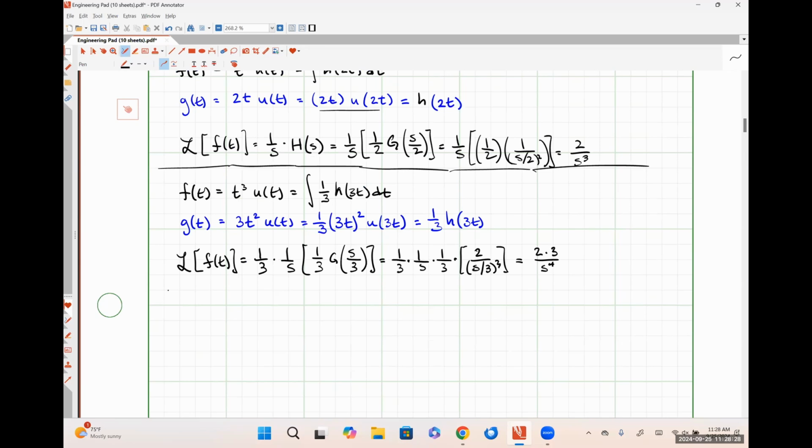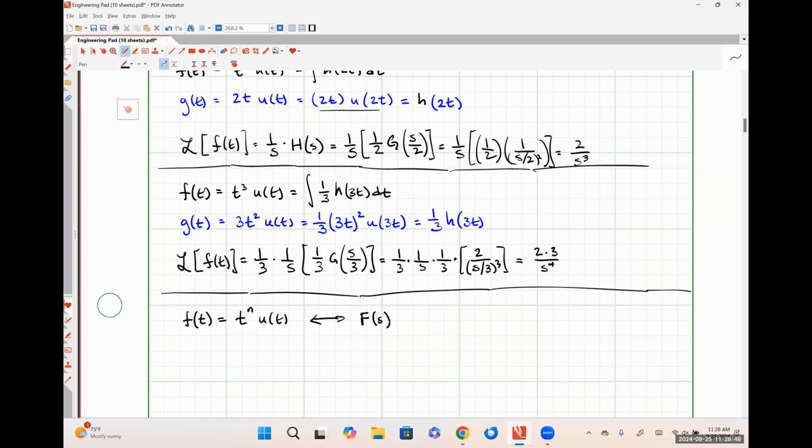So generically speaking, based on the pattern that we have observed, if I have a function that is t to the n u of t, its Laplace transform is n factorial over s to the n plus 1.